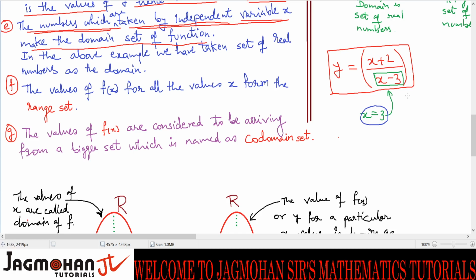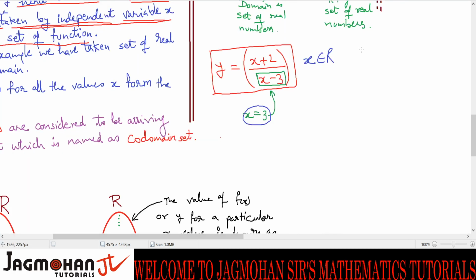So what are the permissible values? It is x belonging to R except 3. So you will write the domain of x is x belonging to R except 3, so from all real numbers you remove the singleton set containing 3.